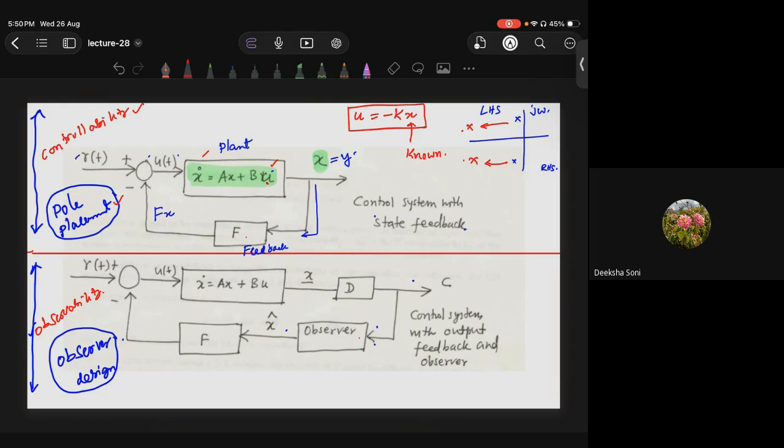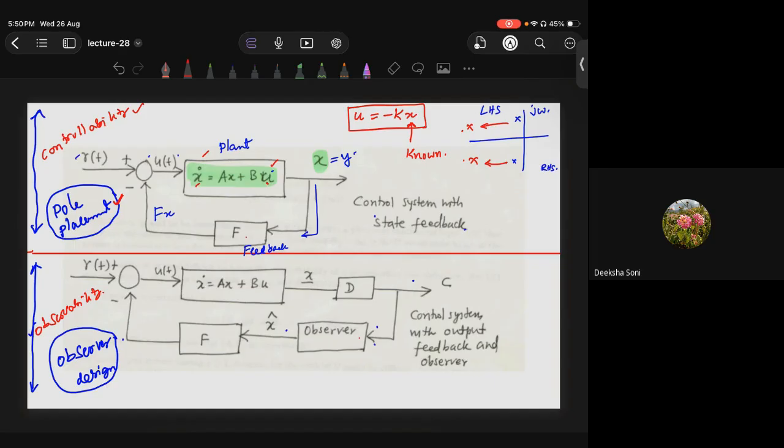Once it is controllable, we design this pole placement to move the poles from these blue poles to the red poles. That is our basic point. Our basic assumption is that this x is known to us, completely known. X means the state vector x.